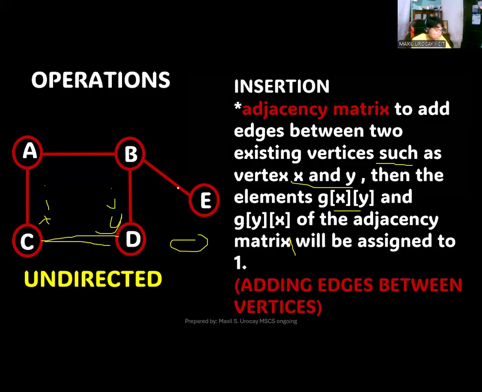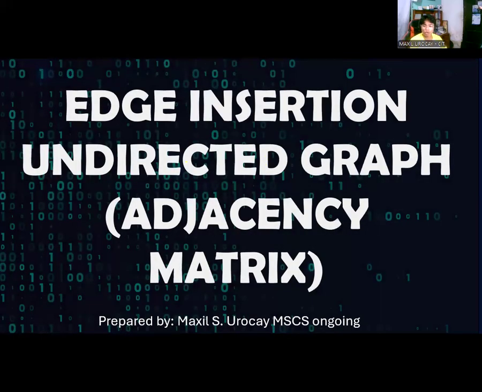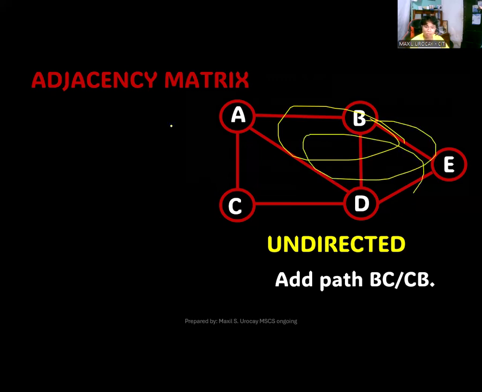So let's move on to the edge insertion for an undirected graph using the adjacency matrix. First, you need to deal with the adjacency matrix of this particular graph. Suppose in your adjacency matrix, you have to declare all of the vertices that you have.